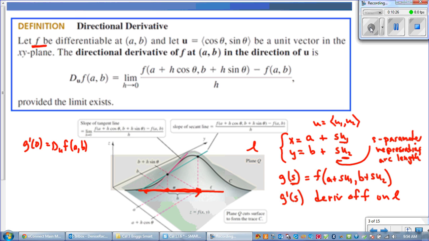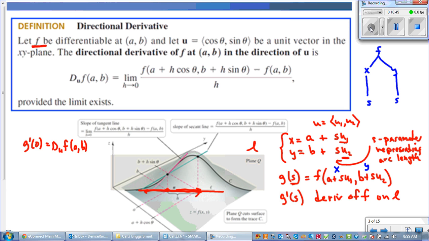So let's do our tree diagram. We have our function F, and we know F is a function of both X and Y. But X and Y are both functions of S. Okay.